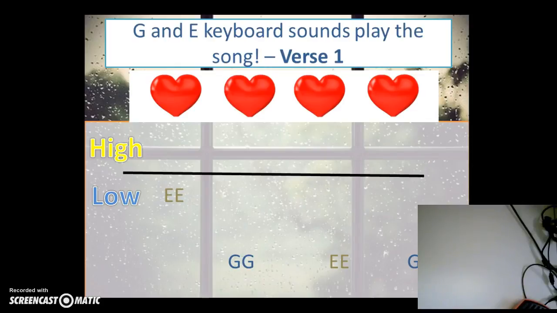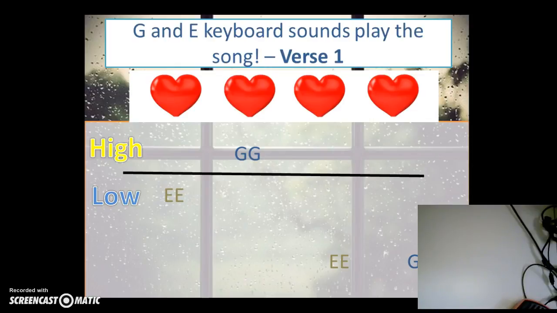So if we're looking for our next high sound, that's going to be G, G. So we're looking at patter. So the pattern of pitter, patter, or low, low, high, high is E, E, G, G. So let's figure out what the next two are. The next are going to be pitter, patter.